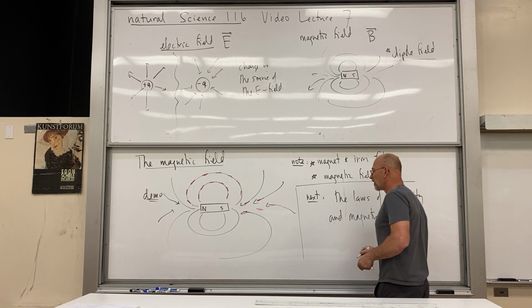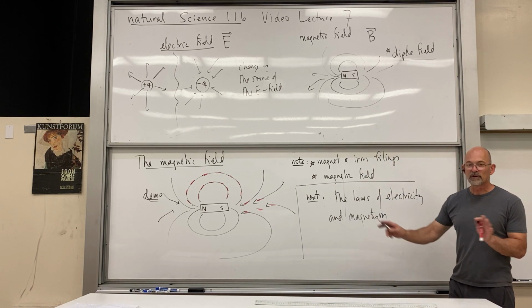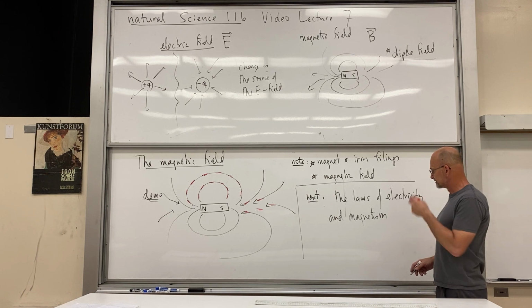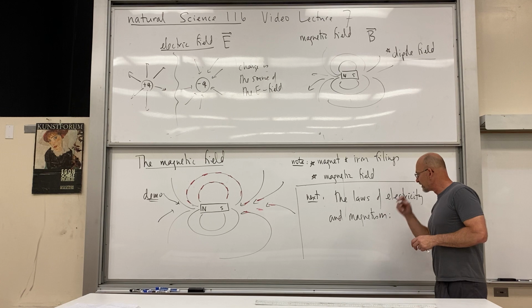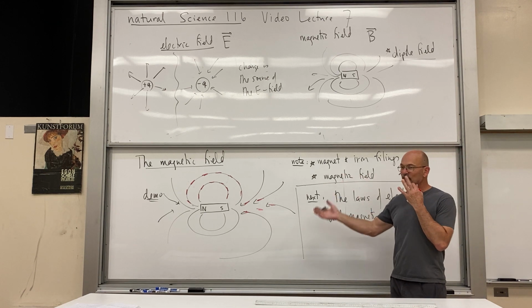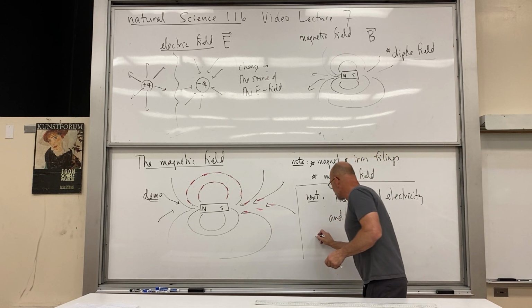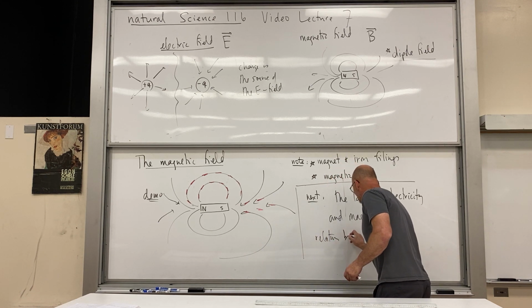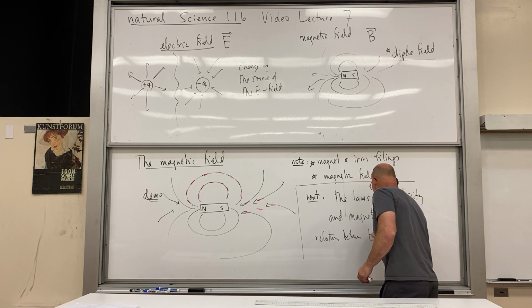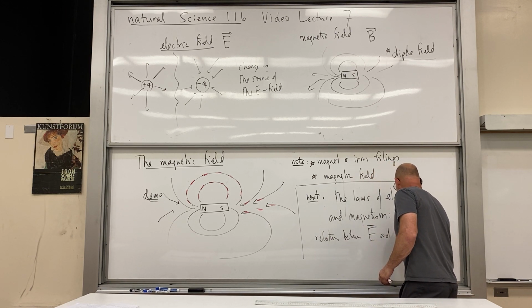You could say we've already started with laws of electricity because we learned about circuits and power and energy. When I talk about the laws of electricity and magnetism, we're going to find relations between electricity and magnetism. So we're going to find relations between E and B for shorthand.